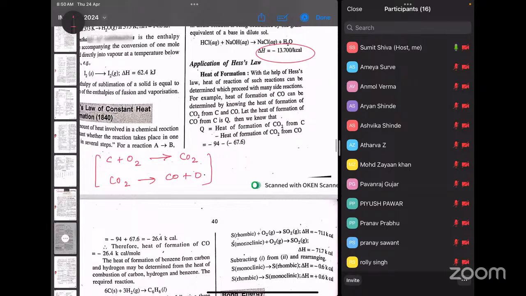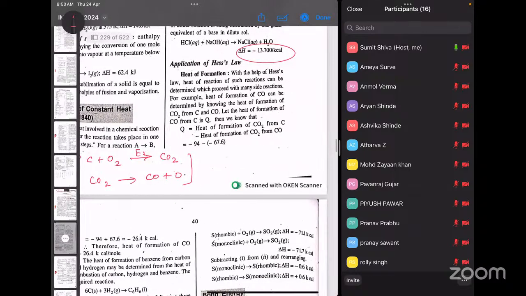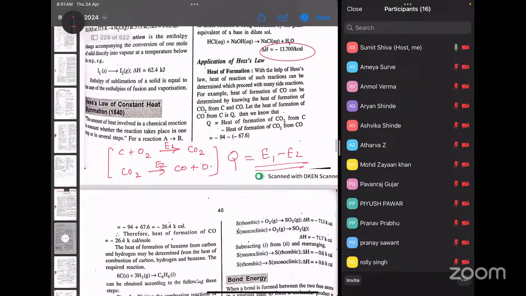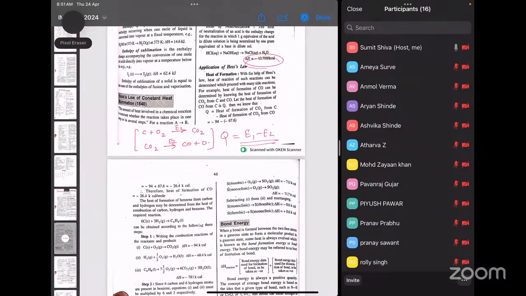Yes or no? If you look at these two steps, let's say here it is delta H1, and this one is delta H2. So heat of formation Q will be E1 minus E2. Understood? Yes, understood, or any doubt?